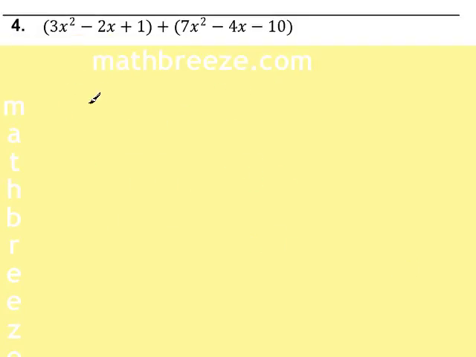In number 4, we're going to combine like terms. We could drop the parentheses. There's nothing in front of the parentheses, and we don't have a minus sign in front. We don't have a subtraction here, so we can just drop the parentheses.